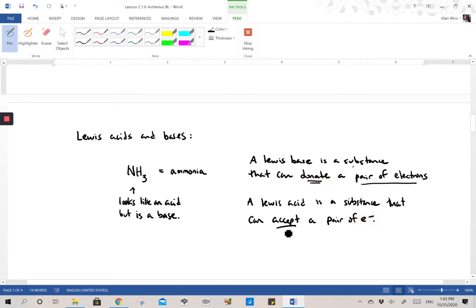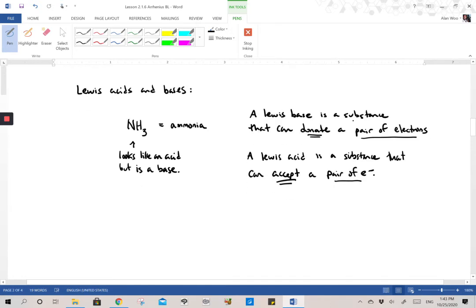One donates a pair of electrons, the other accepts a pair of electrons. And the best way to observe this is, again, to look at ammonia as our example, and to look at how the Lewis bases are in terms of a Lewis dot diagram. We've drawn out ammonia a couple of times, but this time around, I'm just going to draw it in a different way.